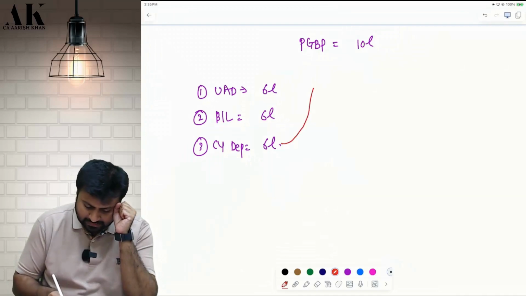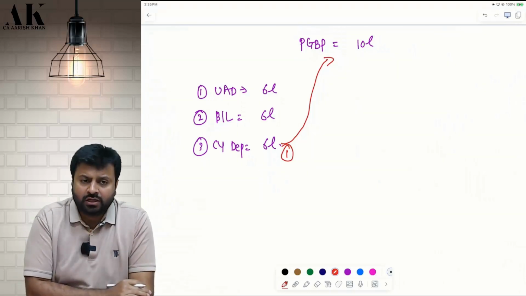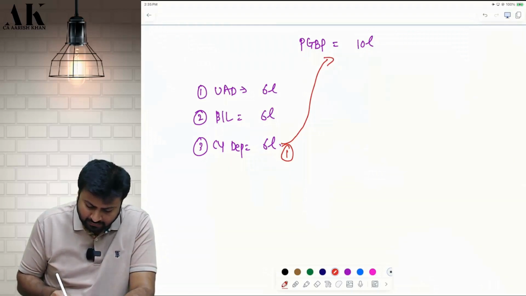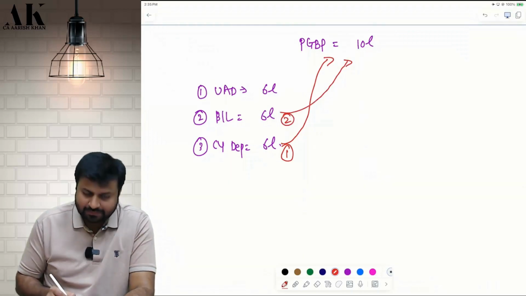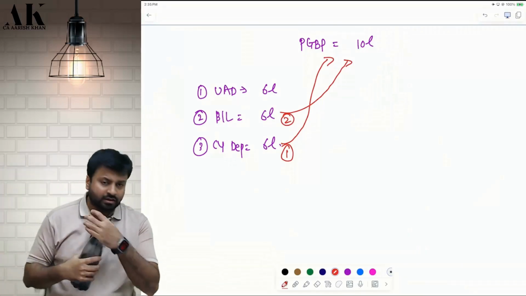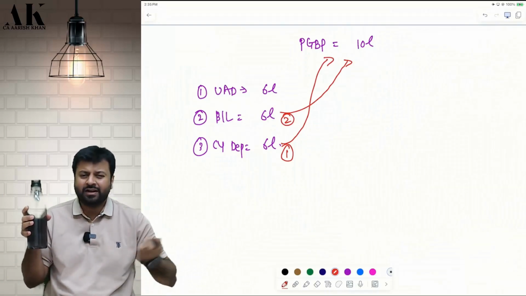First, I will always set off current year depreciation because it is mandatory to claim depreciation. Yes or no? Second, I will always set off business loss. Why? Because it will expire in 8 years. Yes or no? And third, I will set off what? The unabsorbed depreciation because it will be carried forward till infinity.